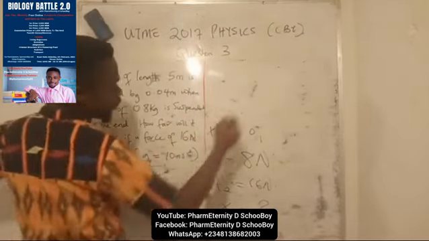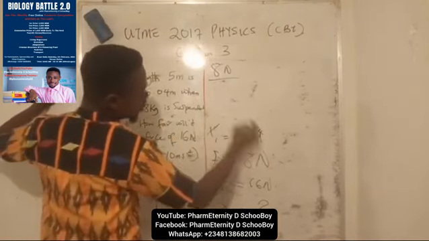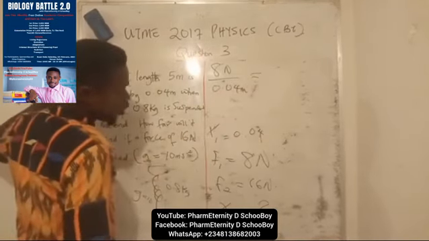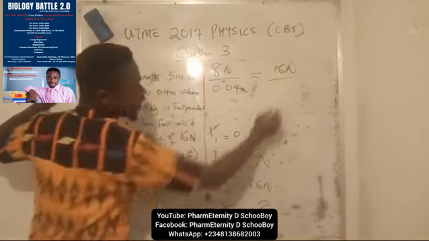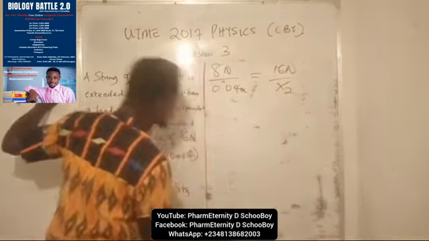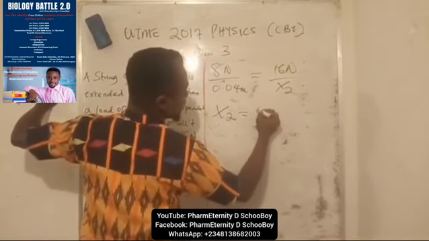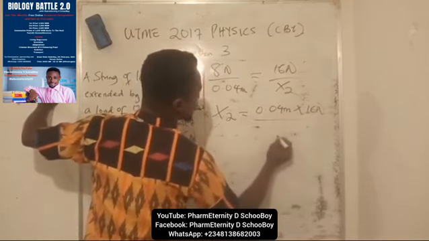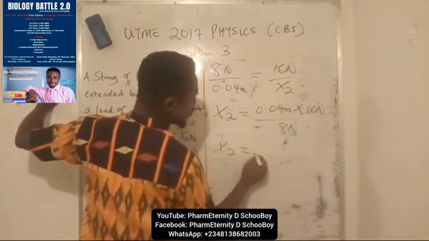So we now have F1 is 8 Newton, all over X1, which is 0.04 meter, is equal to F2, which is 16 Newton, all over X2, which we don't know. So we make X2 the subject of the formula. X2 is equal to, we cross multiply, 0.04 meter times 16 Newton, all over 8 Newton.